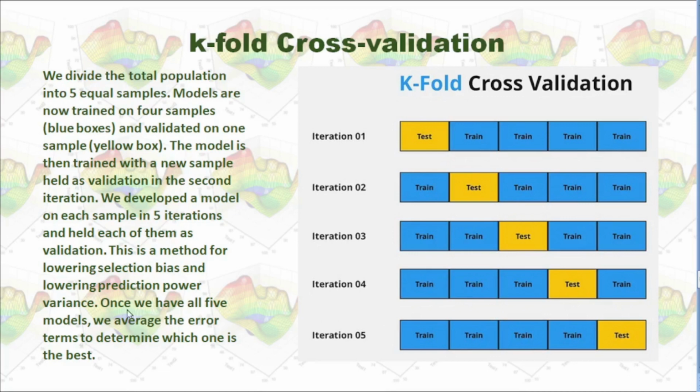Once we have all 5 models, we average the error terms to determine which one is the best. Now, let's go to Python to implement our model and check out the result.